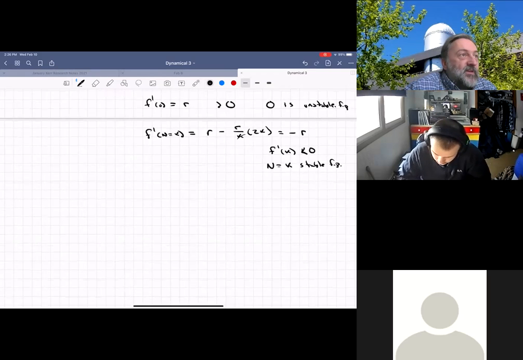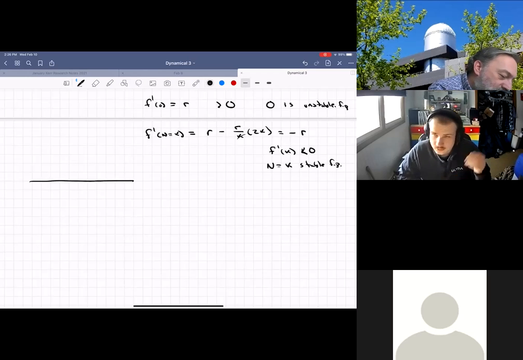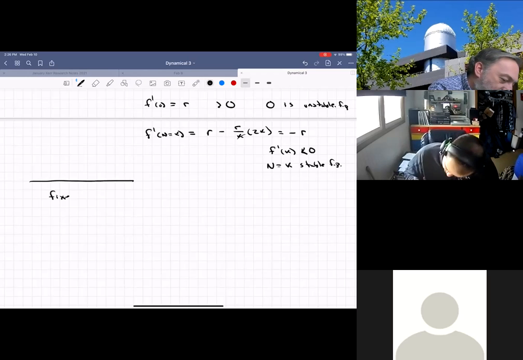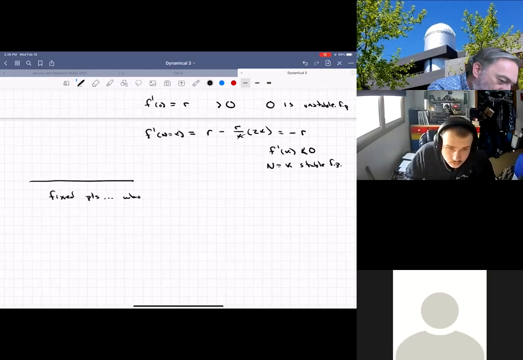All right, so that's fixed points and flows. Now, fixed points and flows are okay, and this isn't a really big deal. But the more interesting thing is something we're going to call bifurcations.